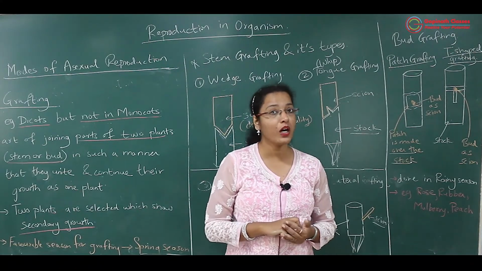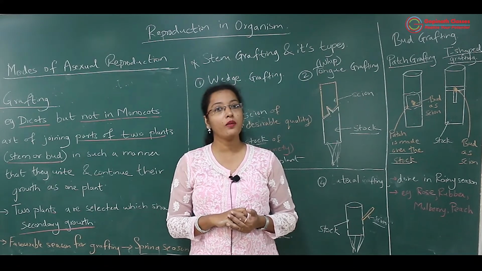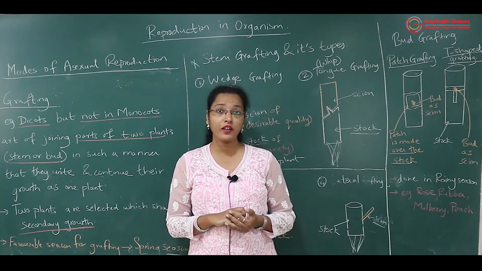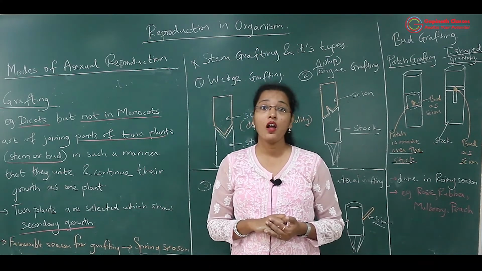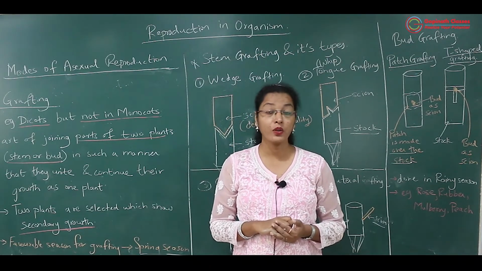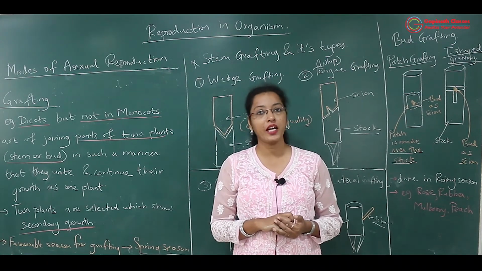So, this is all about grafting, which is a very fruitful and economically very important process, as desirable qualities are introduced in the plant and good quality of products can be obtained within a short time.